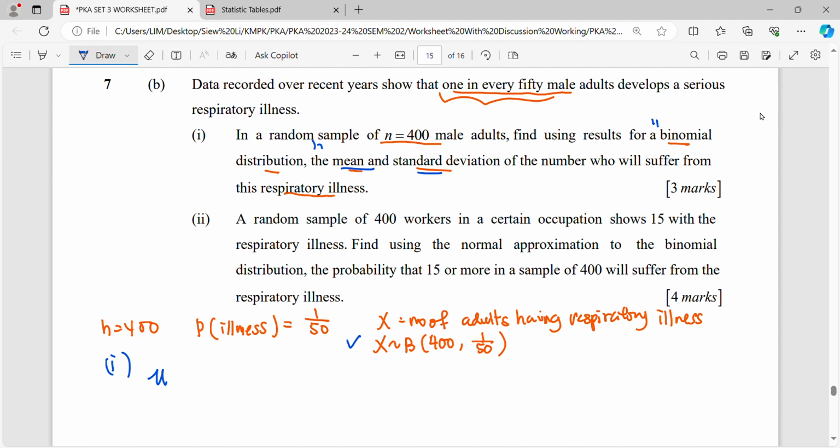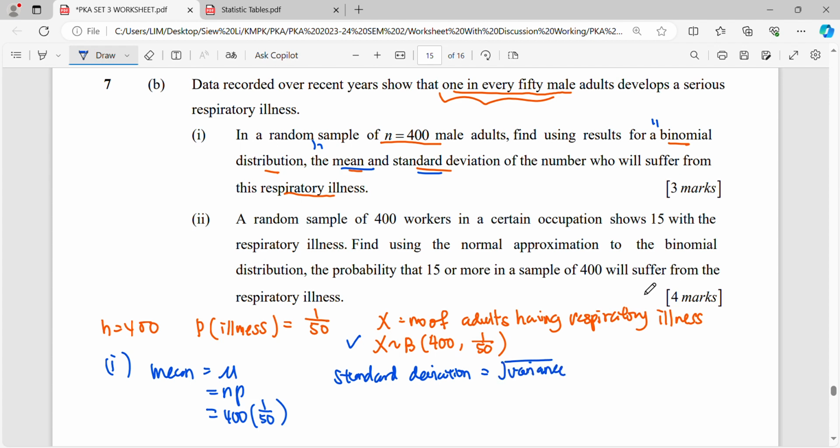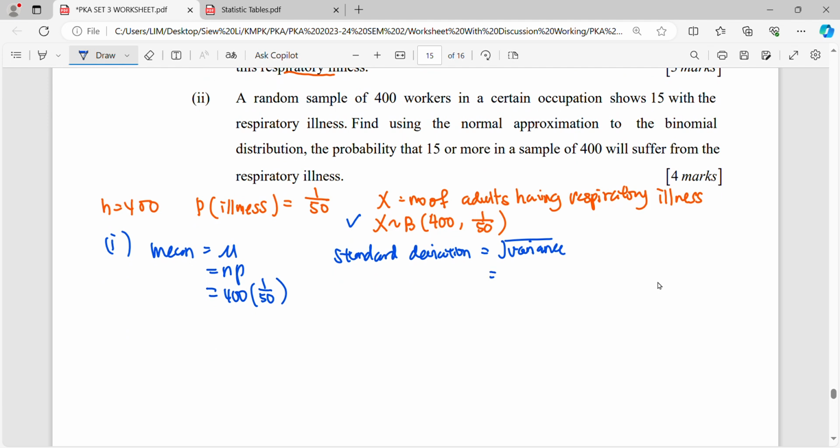Find your mean, which is your mu, which is calculation np, and find your standard deviation. So standard deviation is square root of variance, square root of npq.